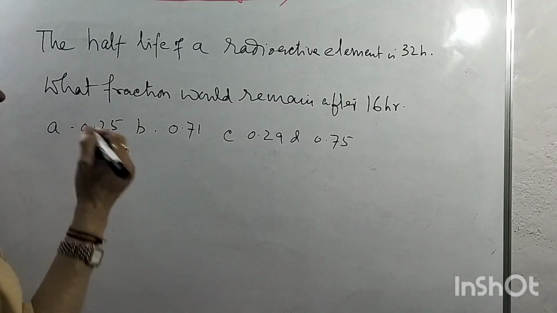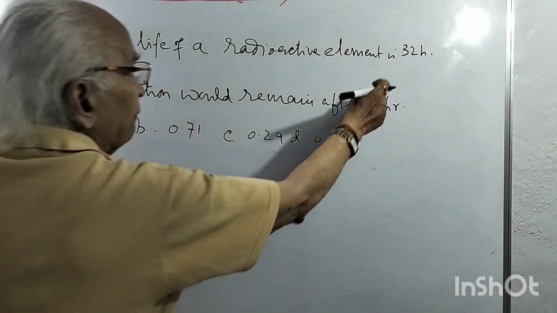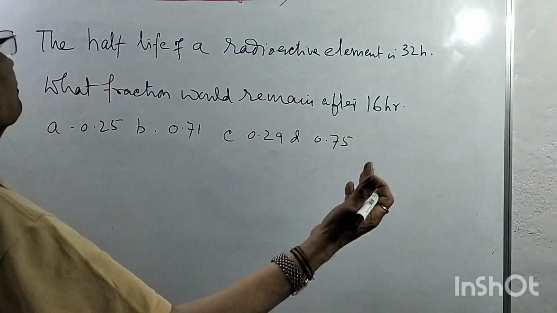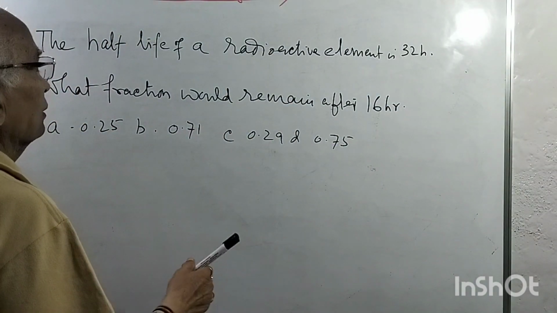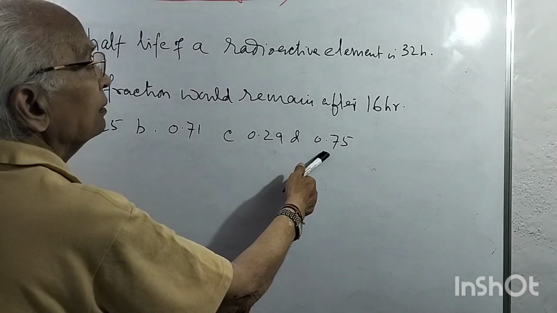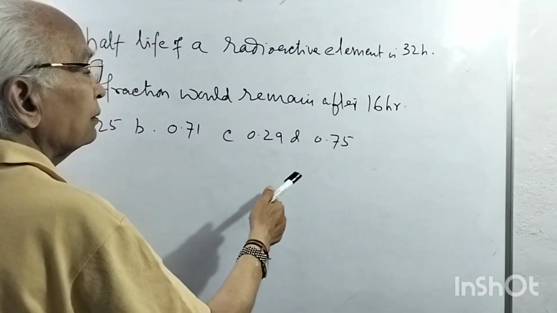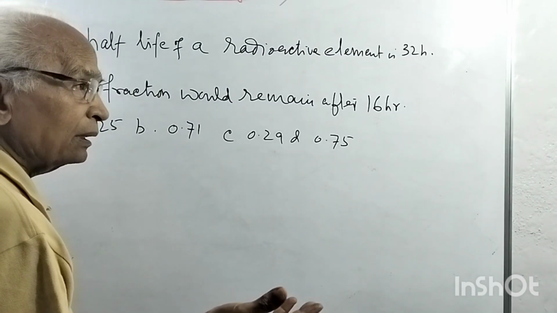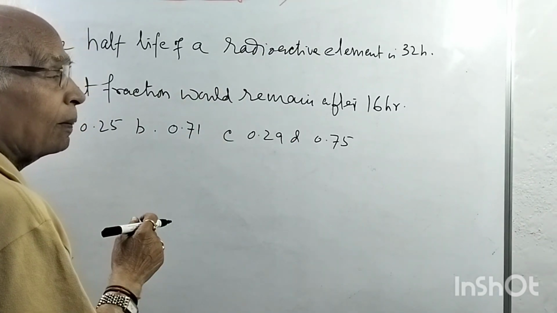If half-life is 32 hours, after 32 hours it will be half. So there is no half remaining. 0.75, when 3/4 remaining, only 1/4 decay.